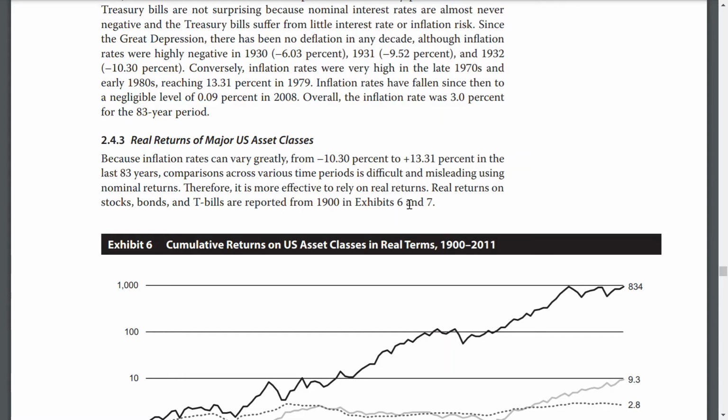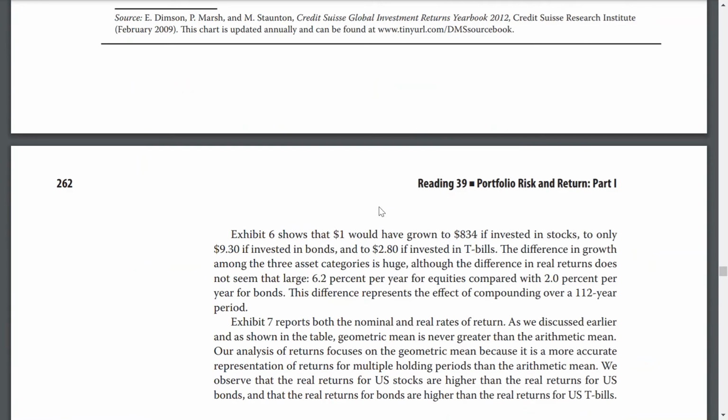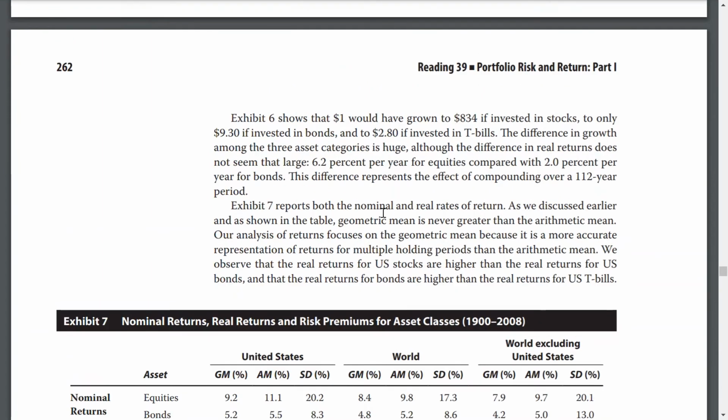Real returns on stocks, bonds, and T-bills are reported from 1900 in Exhibits 6 and 7. Exhibit 6 shows that $1 would have grown to $834 if invested in stocks, to only $9.30 if invested in bonds, and $2.80 if invested in T-bills.